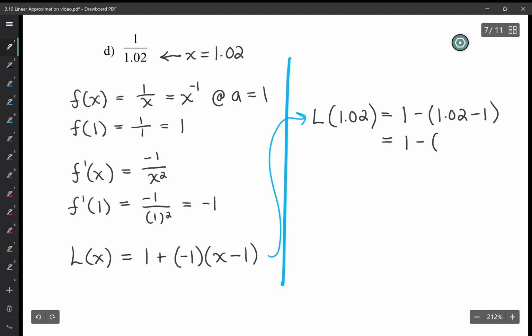So 1 minus 1.02 minus 1 gives us 0.02. 1 minus 0.02 gives us 0.98. So we have that 1 divided by 1.02 is approximately 98 hundredths.